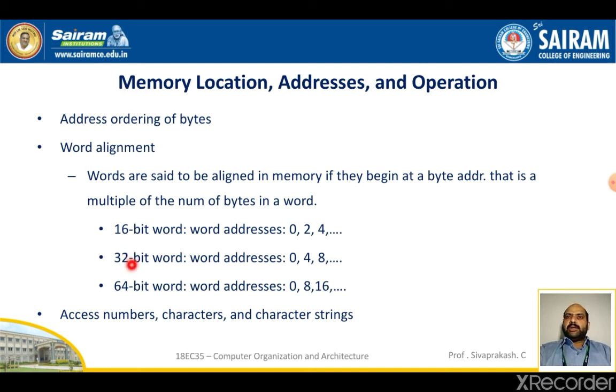If it is 32 bit, the aligned word byte addresses start with 0, 4, 8, 12, and so on. If the word length is 64 bit, aligned words begin at byte addresses 0, 8, 16, and so on.